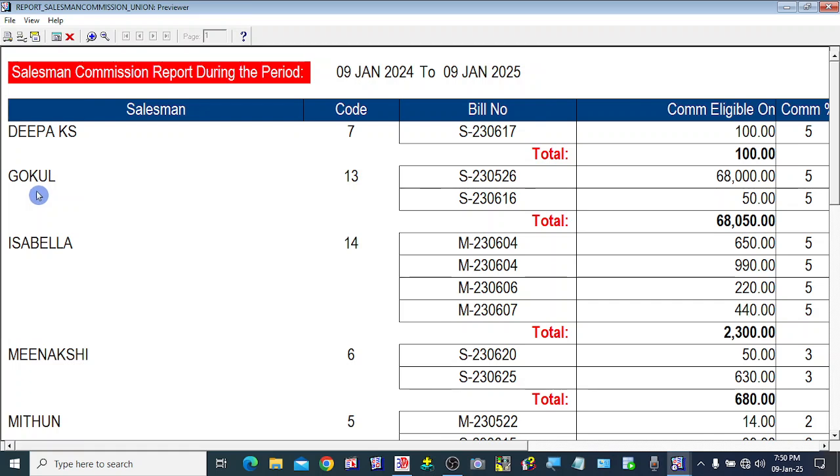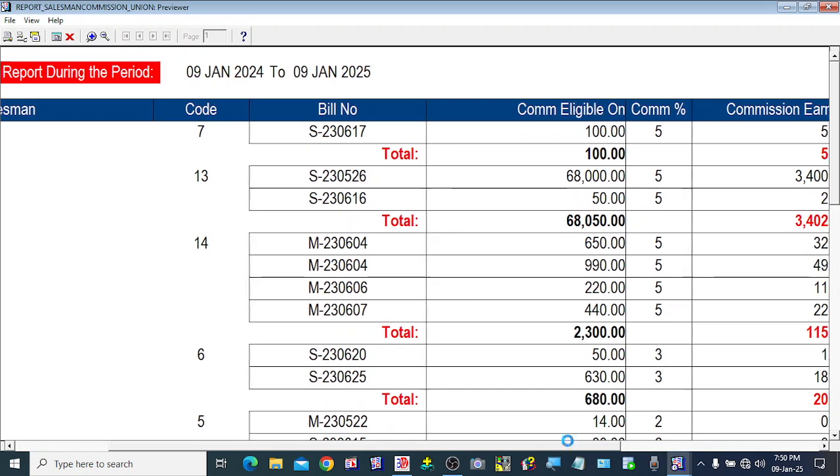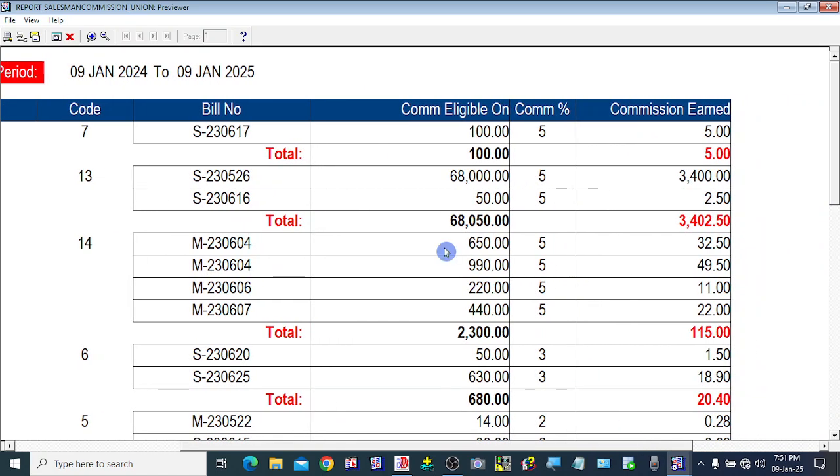Another salesperson is Google. Google has attended 2 sales and the total sales amount is 68,050. His commission is also 5%. During this date range, he has earned 3,402 as salesman commission.